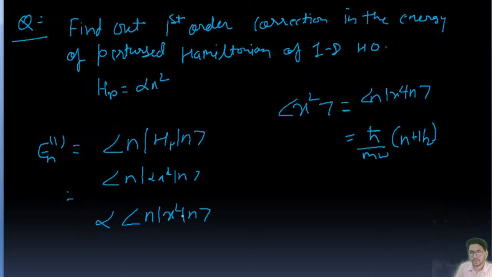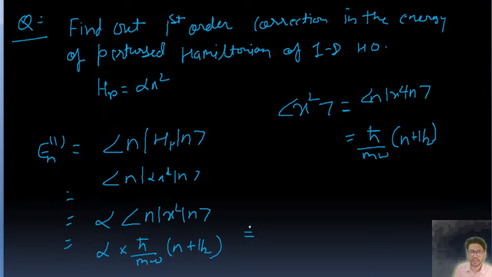So now we have to find out for the ground state, right? So we'll put the value. This is going to be alpha into h cut upon m omega into n plus half, right? And for the ground state, n is 0.